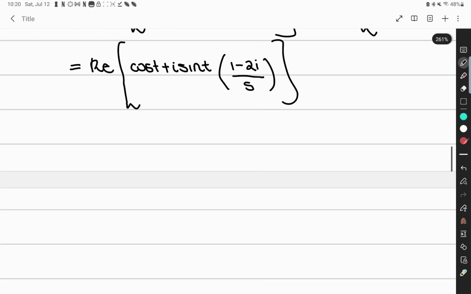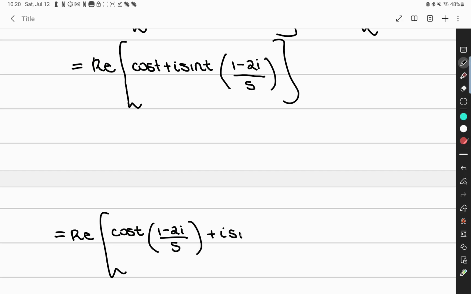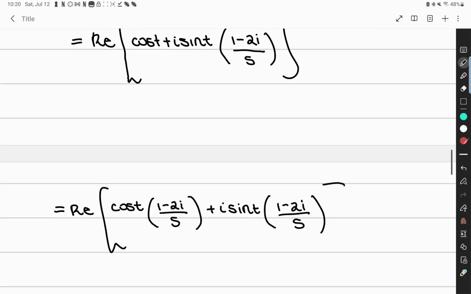That's just going to be equal to the real part. We have cos t times 1 minus 2i over 5, plus i sin t times 1 minus 2i over 5. Let's close these brackets.